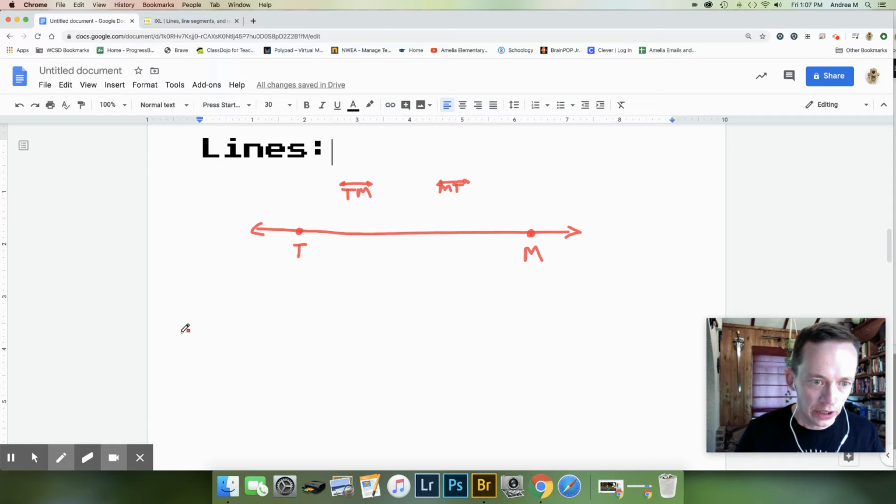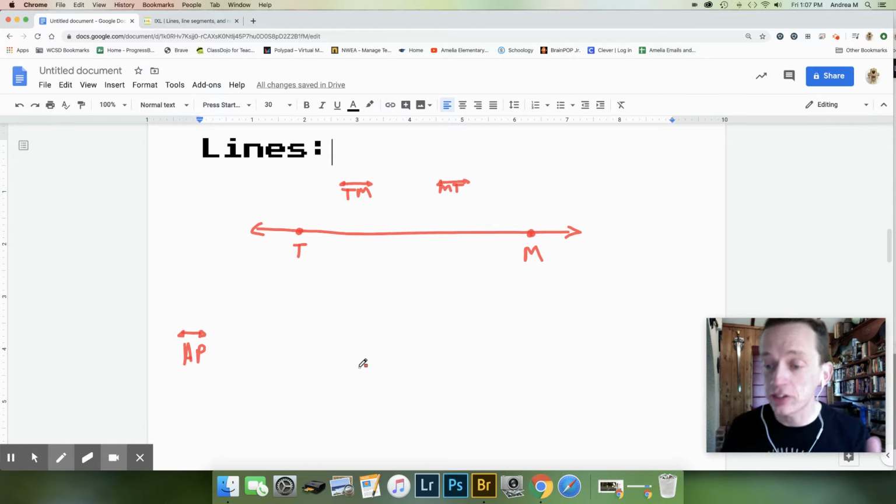Let's go line AP. We use capital letters here. So what is that telling us? That's telling us that I need 2 points. One is labeled A, one is labeled P. So try to draw this on your own real quick.